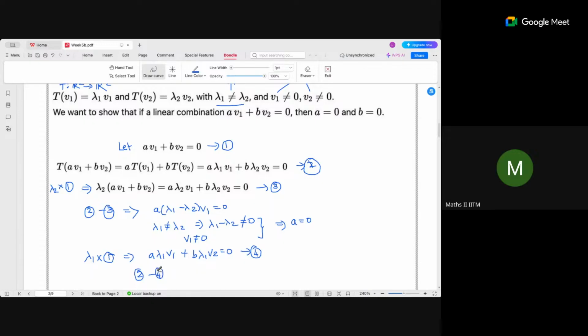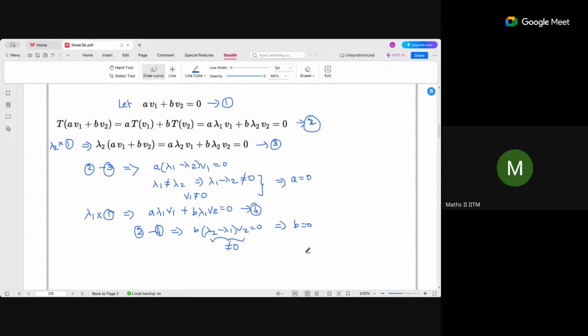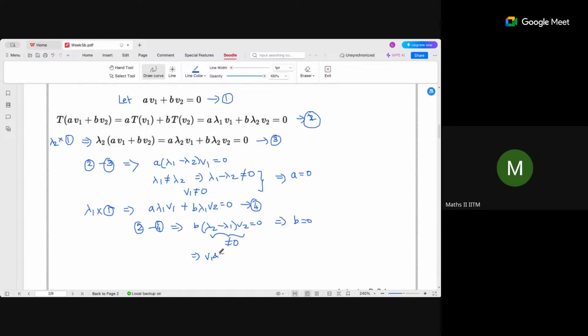The first term a lambda 1 v1 is common, so it cancels out. What is left is b times (lambda 2 minus lambda 1) v2. Again lambda 2 minus lambda 1 is non-zero and v2 is non-zero, so this implies b is 0. So a is 0 and b is 0, which implies v1 and v2 are linearly independent.